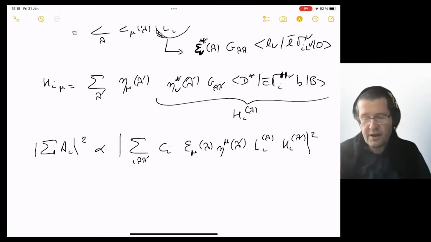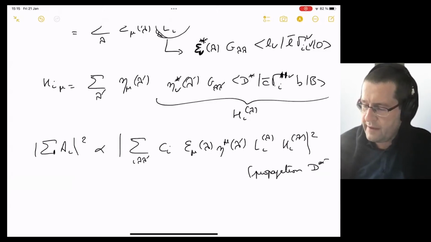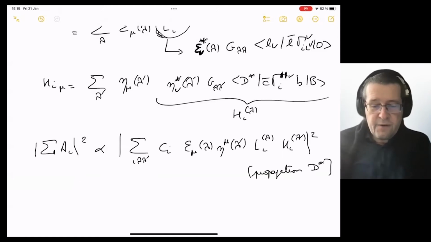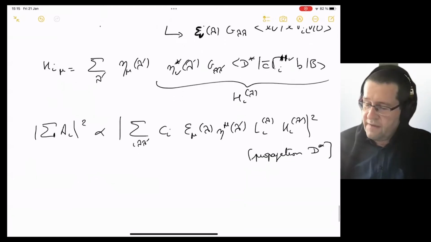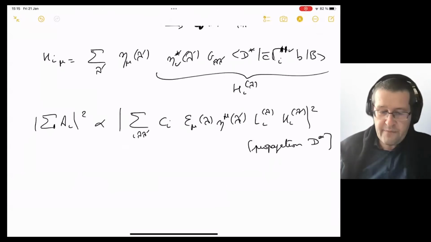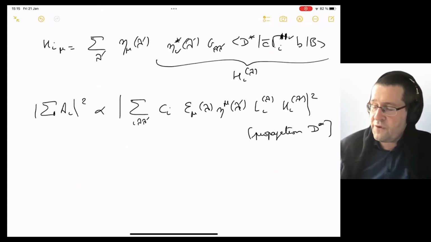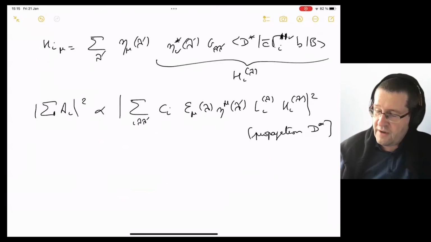So I'm forgetting for the moment the question of the propagation of the D star, but that can be taken care of afterwards. And the thing is that you see that in this way, if you're choosing the polarizations, first of all, you can choose the polarization in different rest frames.